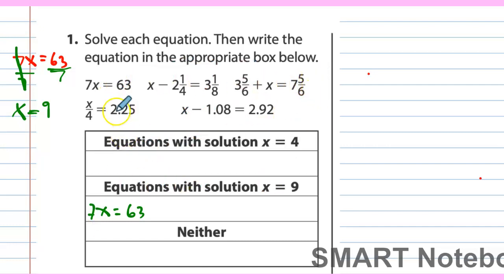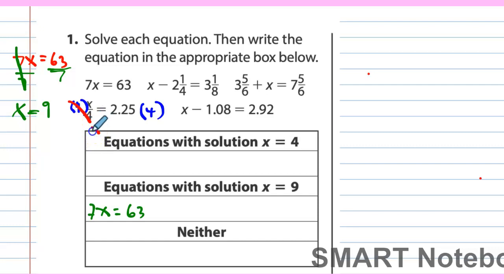Let's take number 2. It says x divided by 4, so we know that we always have to do the inverse operation. We're going to multiply both sides by 4. I multiply this by 4 and I multiply this by 4, and then we cancel this out because that is equivalent to 1.